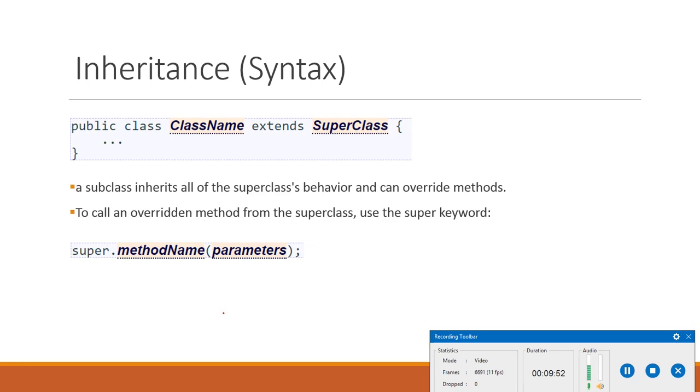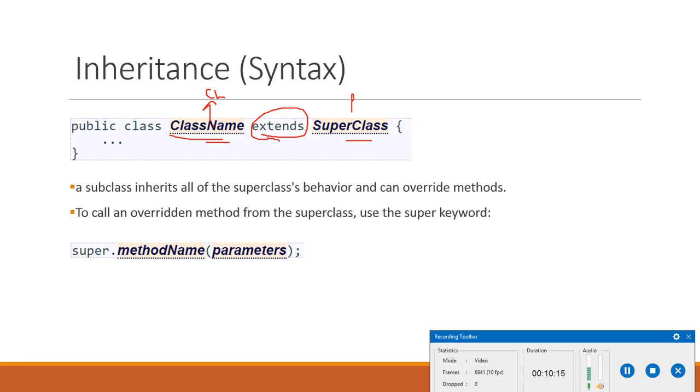So how do we do inheritance in Java? Basically, we use the keyword extends. What does our syntax look like? Public class, class name, extends superclass. So this class is the child class, and this class is the parent class.